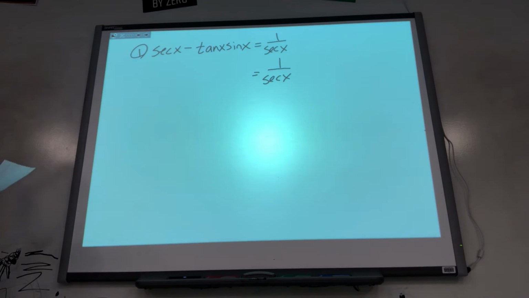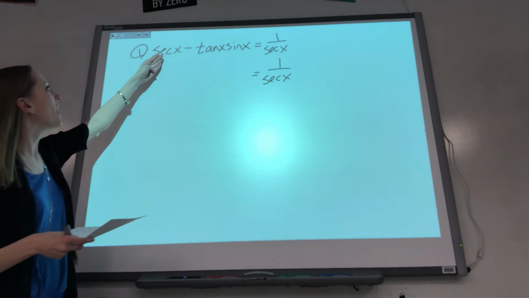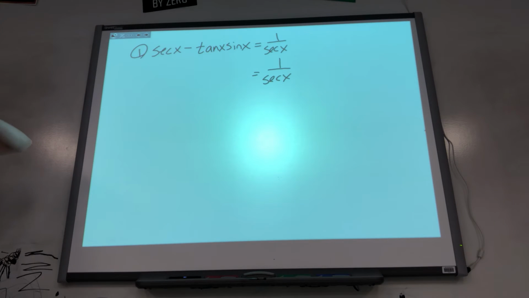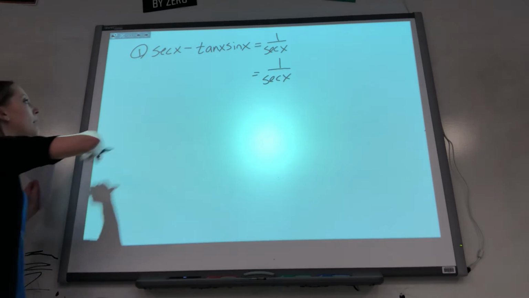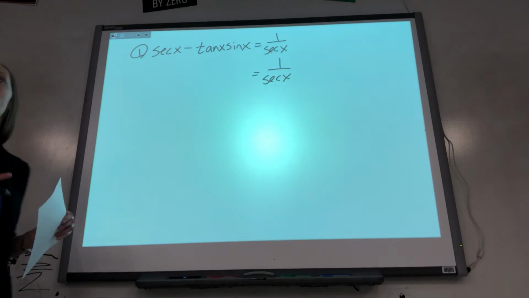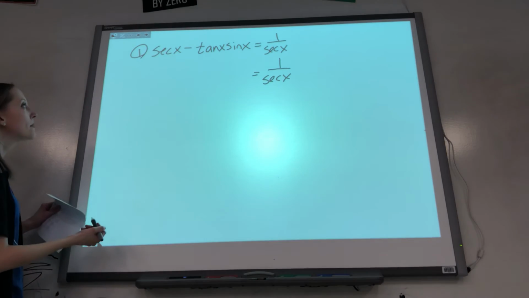Now I'm trying to think about what all three of these could have in common. And it's about the same as our example from the notes. I forget which example it was. It was number 3. But all of these could have something in common with the quotient identity.